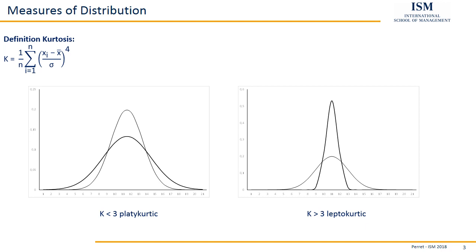And well, how to remember this? I said in the left figure, we see it lies in the middle below the normal distribution, and in the right figure, the middle is above the normal distribution. And well, the normal distribution has a kurtosis of 3. So the left one, where we are below the normal distribution, is smaller than 3. And the right one, where we're larger than the normal distribution, there the kurtosis is larger than 3.